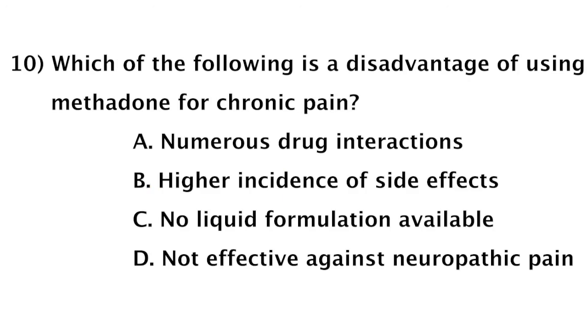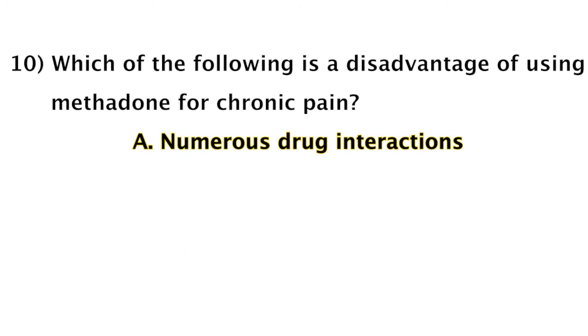And finally, which of the following is a disadvantage of using methadone? Its numerous drug interactions, higher incidence of side effects, lack of a liquid formulation, or ineffective against neuropathic pain. Right. The other 3 are all false. It has lower side effects, there is a liquid formulation, and it is effective against neuropathic pain.